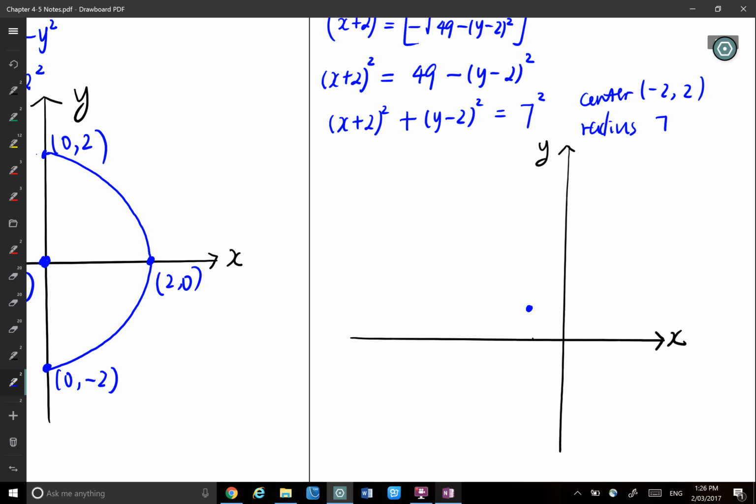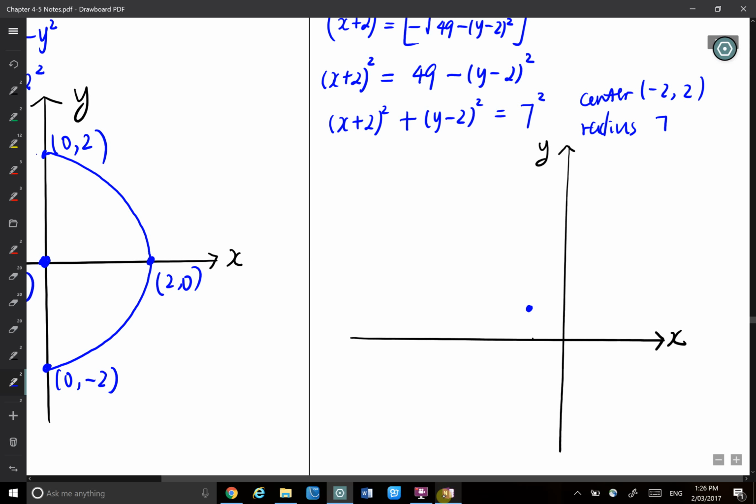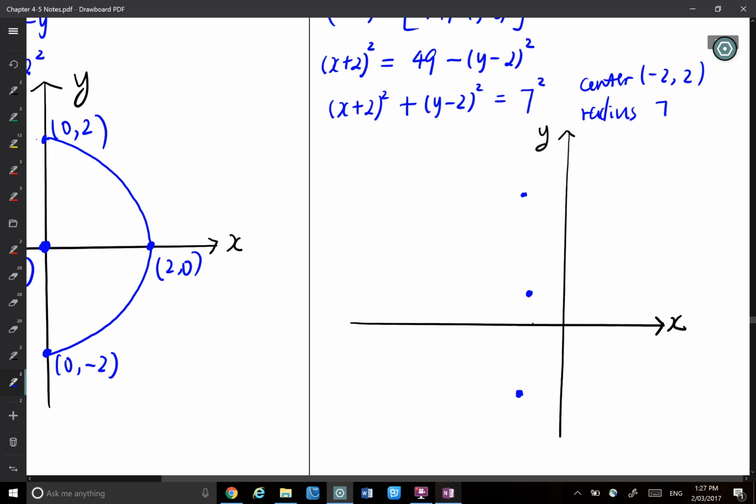So I will go up by 7 and go down by 7. And it's left hand side semicircle. I don't need to go right. I only go to the left.